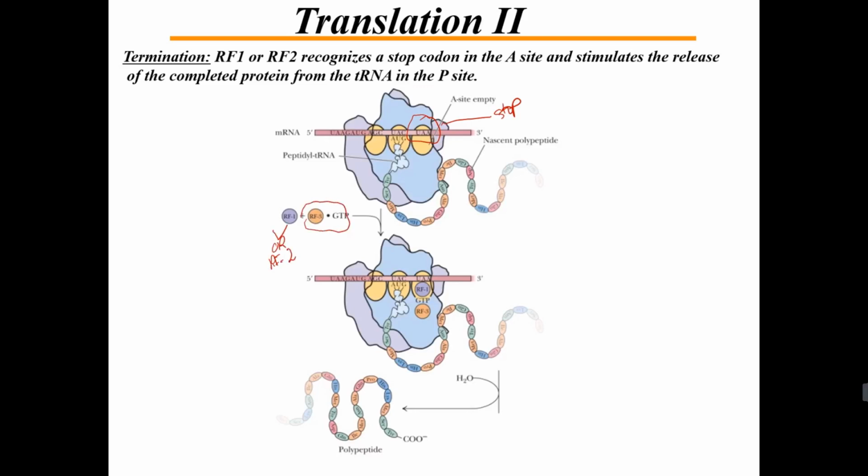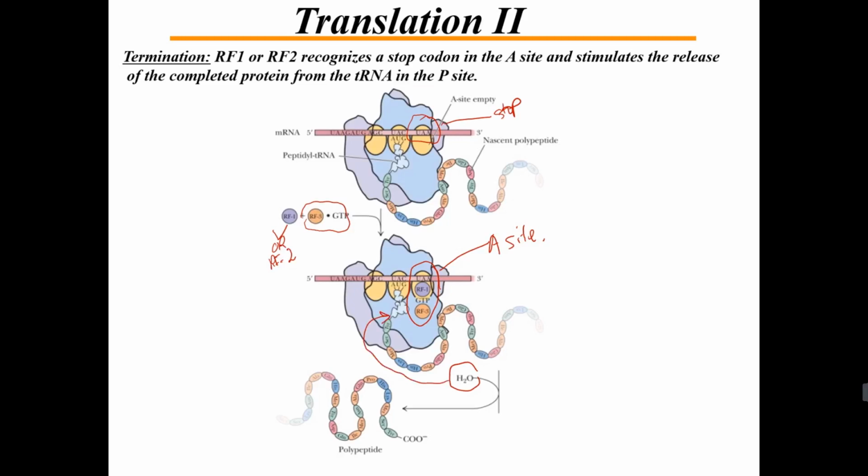We'll then recognize that stop codon in the A site and stimulate the release of the completed protein from the tRNA in the P site, so that we get the subsequent hydrolysis of the nascent polypeptide chain from that terminal adenylate in the tRNA.